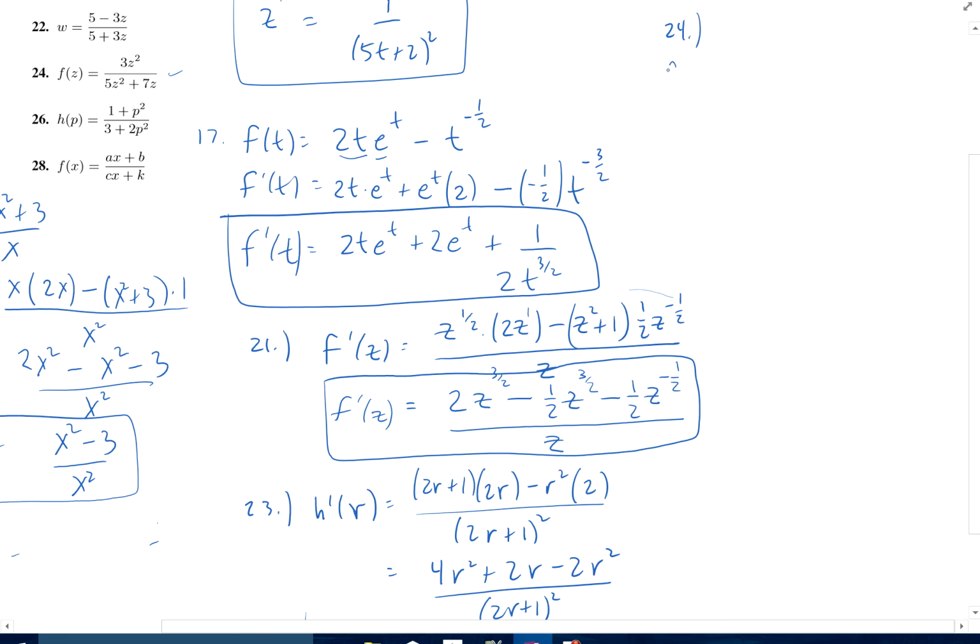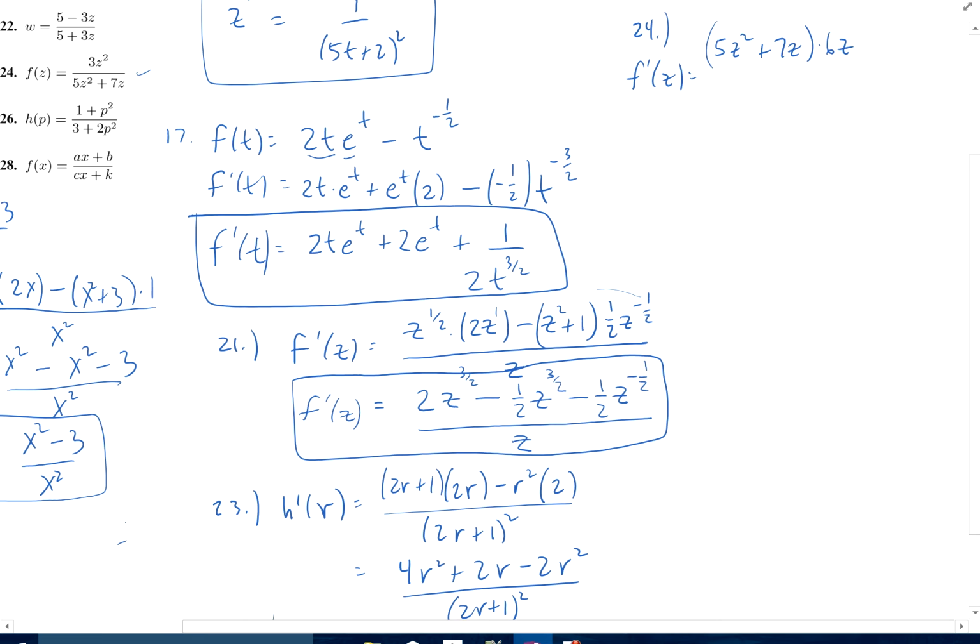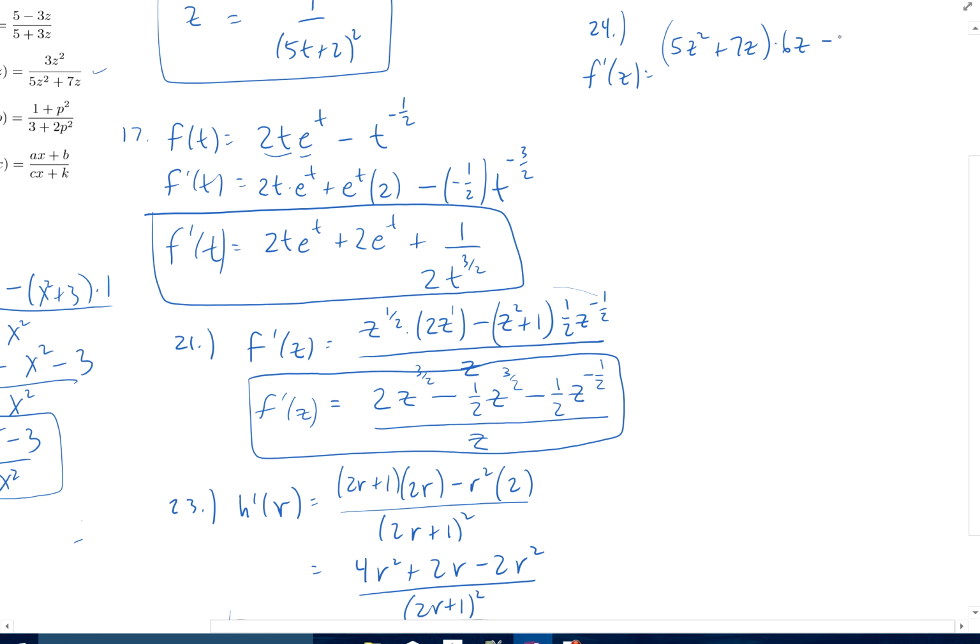I've got f prime of z is the bottom, 5z squared plus 7z, times the derivative of the top, minus the top, 3z squared, times the derivative of the bottom, 10z plus 7, all over the bottom squared.